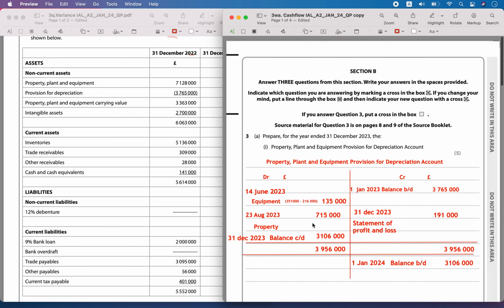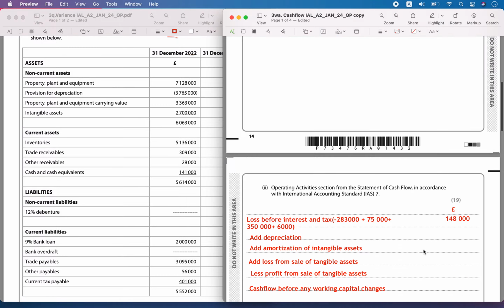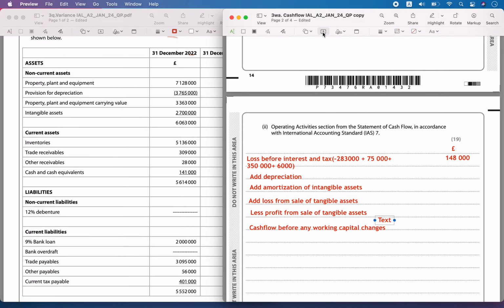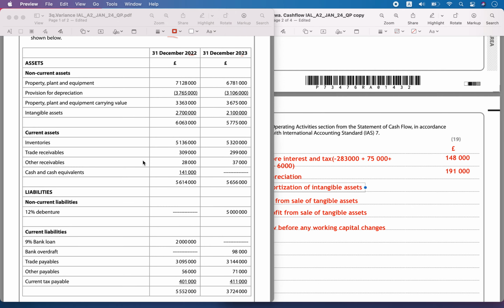So now let's see what the depreciation is. Depreciation we had already calculated. This was the amount that would have been subtracted in the profit and loss statement. So we will add back that amount here. Then amortization of intangible assets.